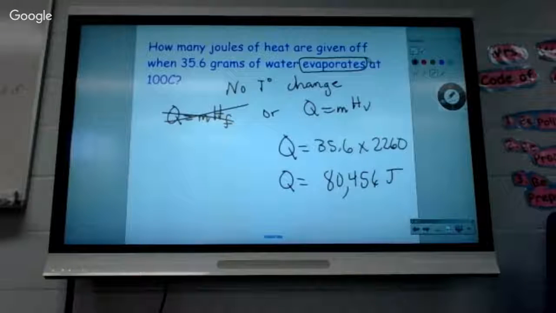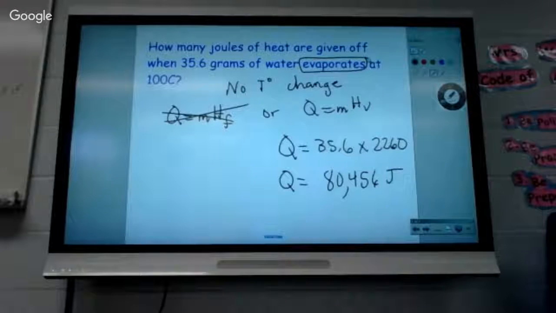All right, what's next? How many joules does it take to melt 35 grams? All right, so what formula appeals to you? To melt, so the F one. Would it be that one, Miss Walker? Because it goes from solid to liquid. To raise the temperature.